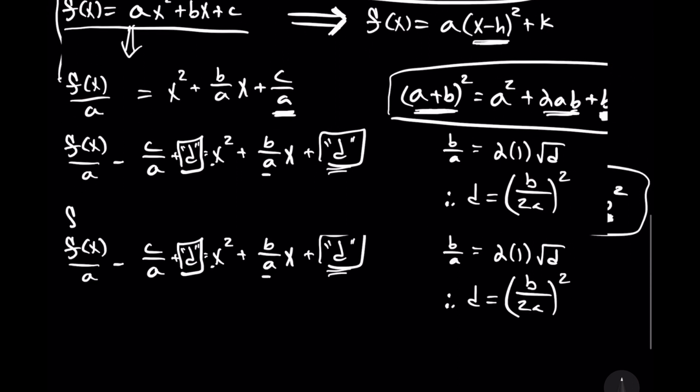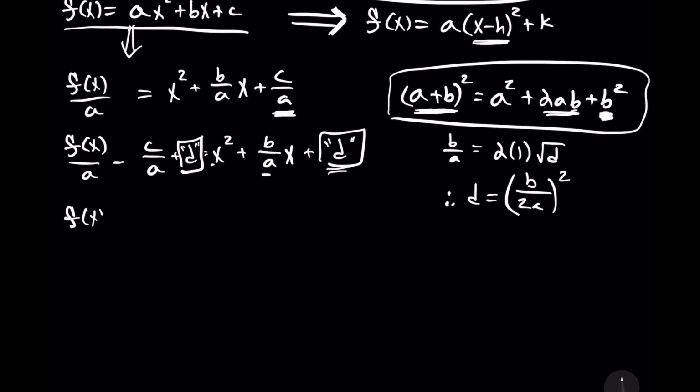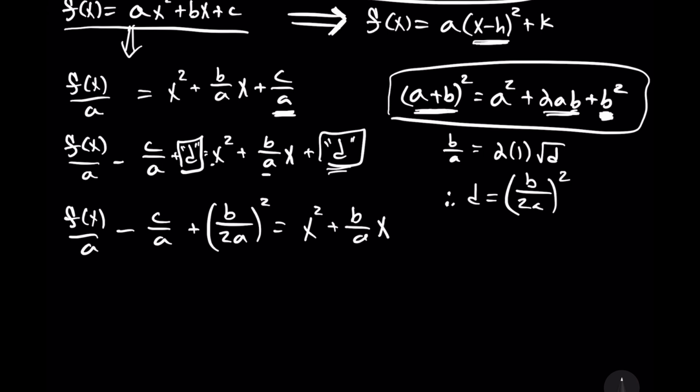So we get f of x over a minus c over a plus b over 2a quantity squared is equal to x squared plus b over a x plus b over 2a quantity squared.